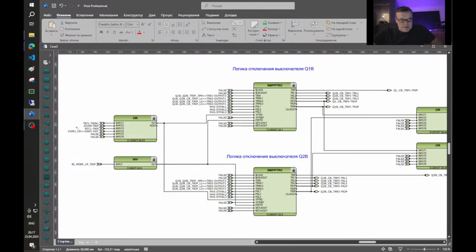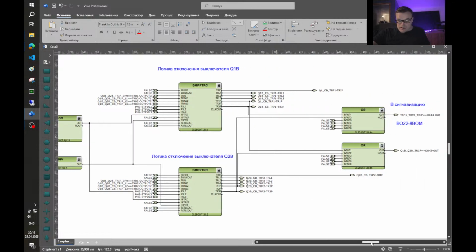But some of the protections that need to trip single phase don't have this phase selection logic, like for example the first stage of the neutral overcurrent protection, distance, teleprotection logic, and these protections are connected to this input of the tripping logic, and this input uses these phase selection signals from the phase selection logic of the distance protection, and it generates trip signals of the faulted phase.